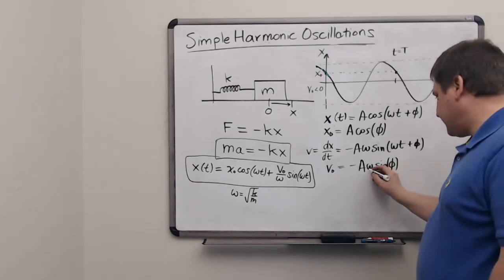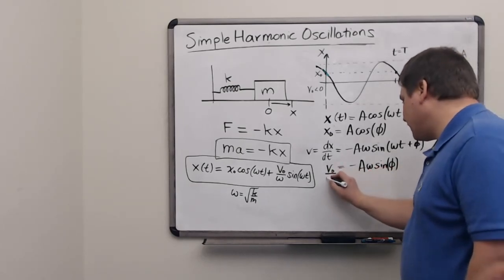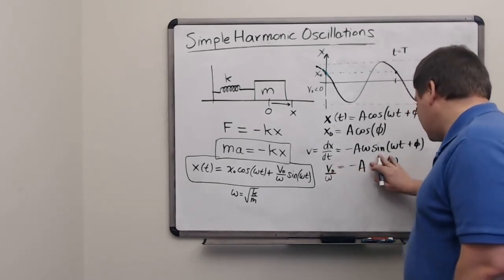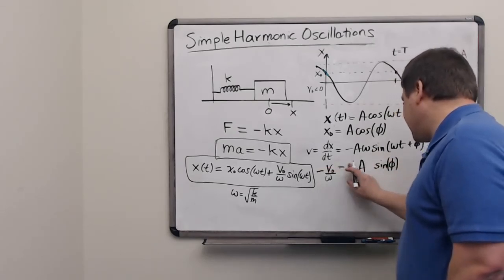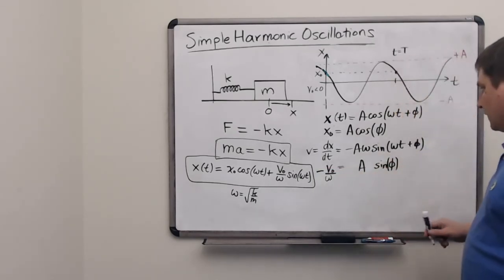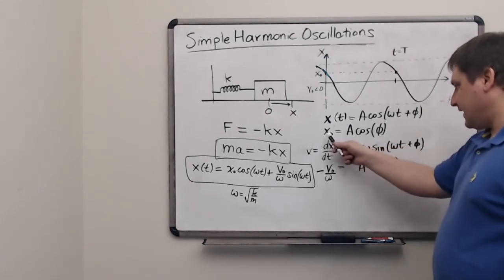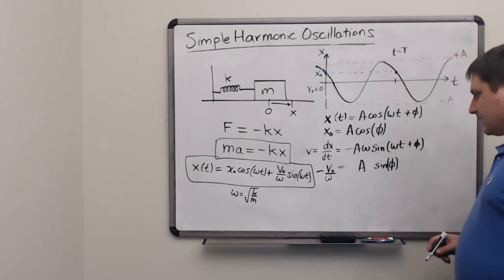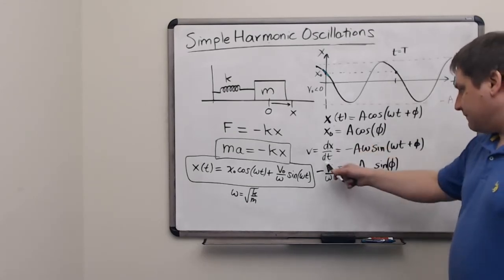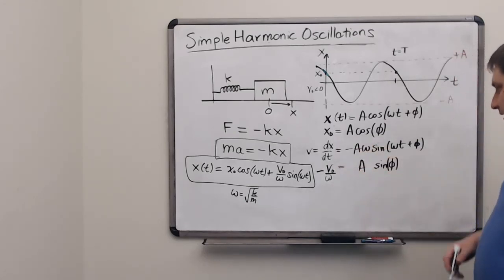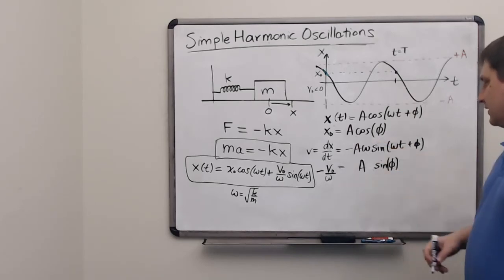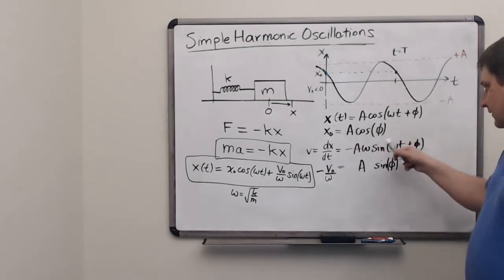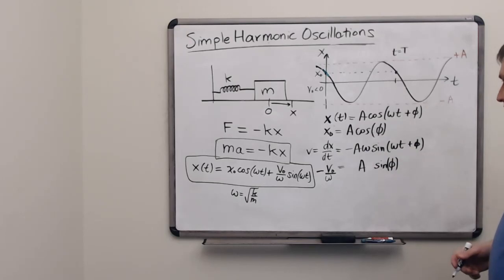If we just take this equation here, divide both sides by omega, and multiply both sides by -1, we've got a cosine phi is x0, and a sine phi is minus v0 over omega. So x0 and minus v0 over omega are like the x and y coordinates in this amplitude phase space. Phase is the angle, the conventional angle, and a is the distance from the origin.